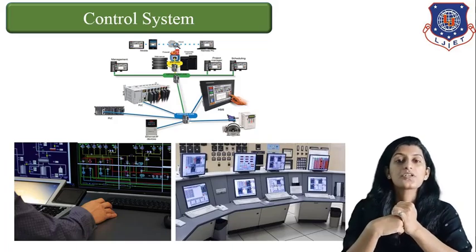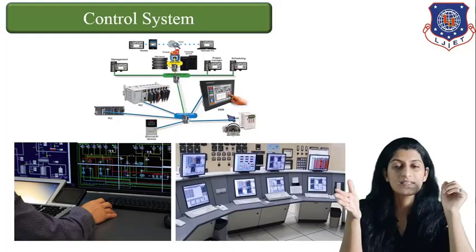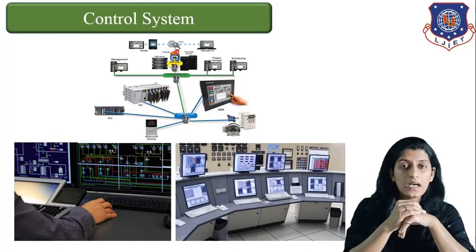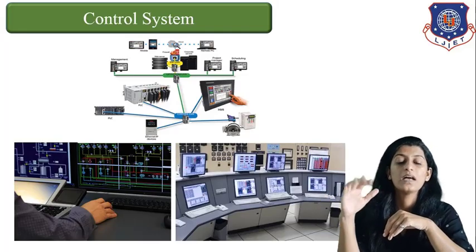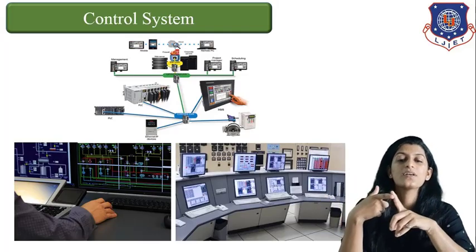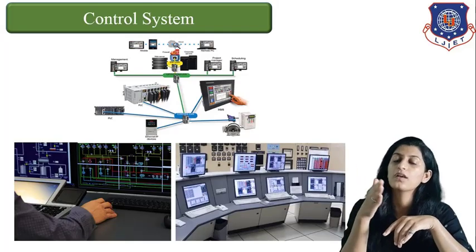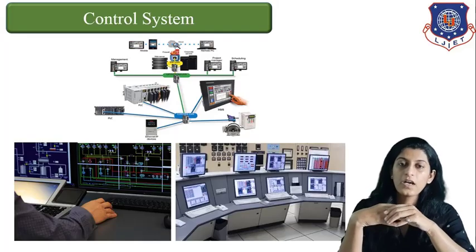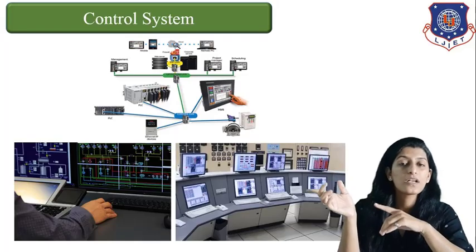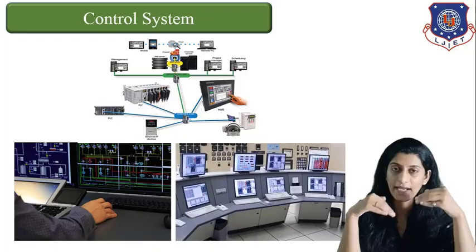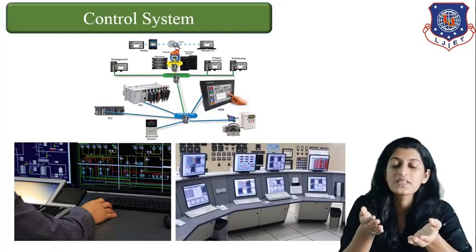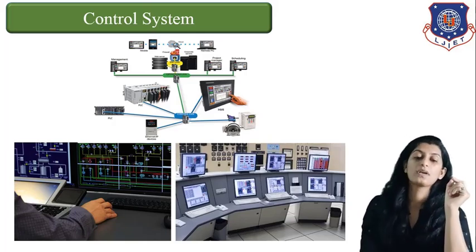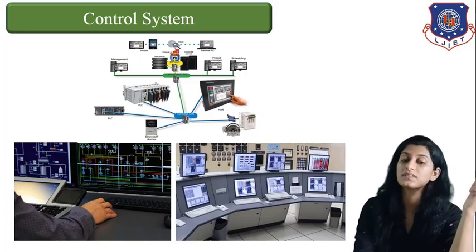In this process we have seen what a control system is, and what the basic classification of control system based on action is. It was classified into open loop control system and closed loop control system. What happens in an open loop control system? Whenever the output of the system is not controlled by our system, it is known as an open loop control system.